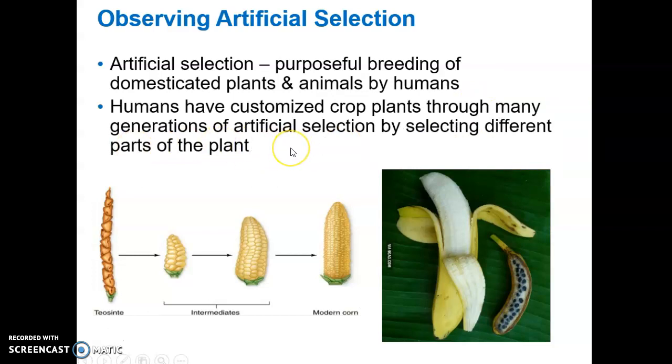So we've customized agricultural plants through many, many generations of selective breeding, artificial selection, by selecting different parts of the plants that we want to emphasize. So here's the ancestral species of corn that led to modern corn today, something called teosinte, which originated in central southern Mexico.